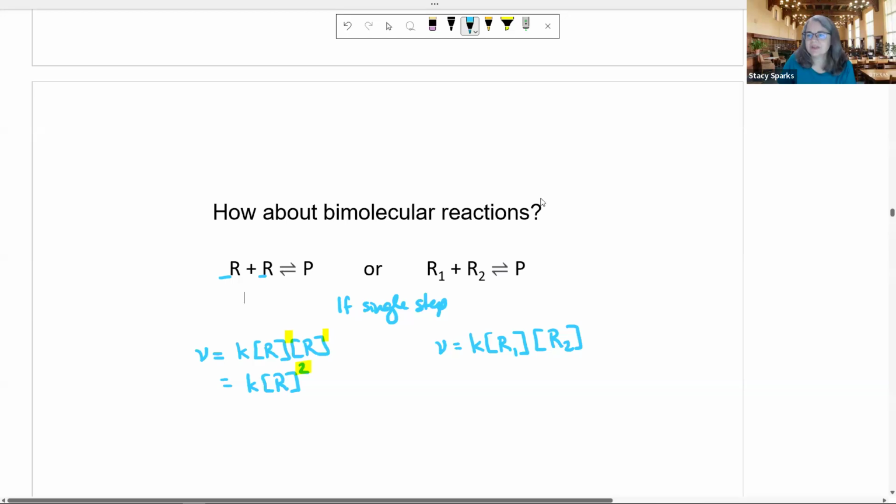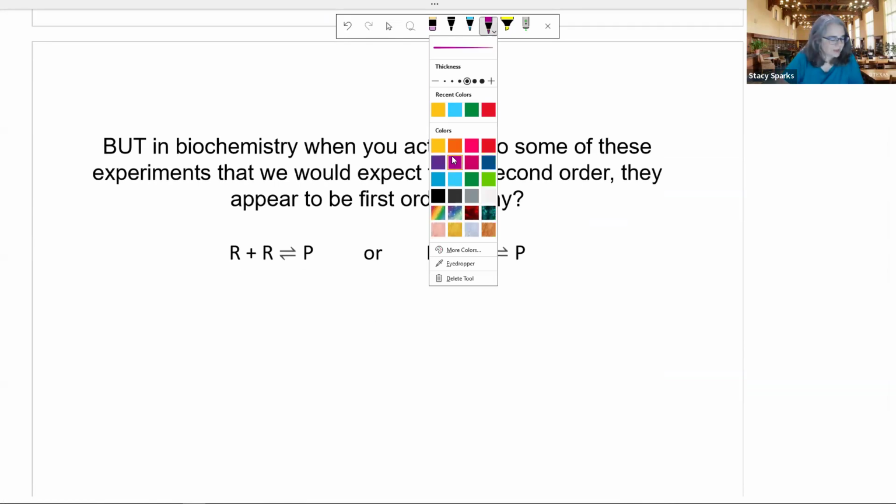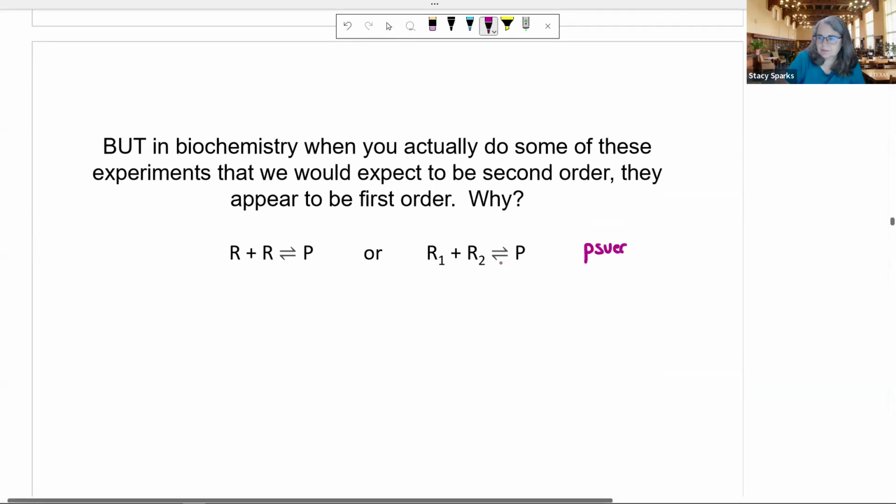All right, so it turns out in biochemistry, when we do a bunch of the experiments that we expect to be second order, they appear to be first order. And you might remember from general chemistry, we talked about pseudo first order reactions. All right, here, I'll write that. Pseudo first order. And in Gen Chem, when we talked about that, let's look at this one over here.